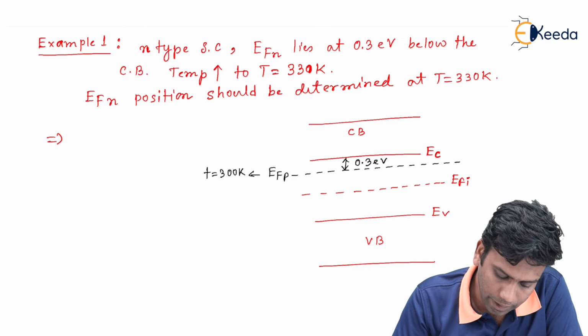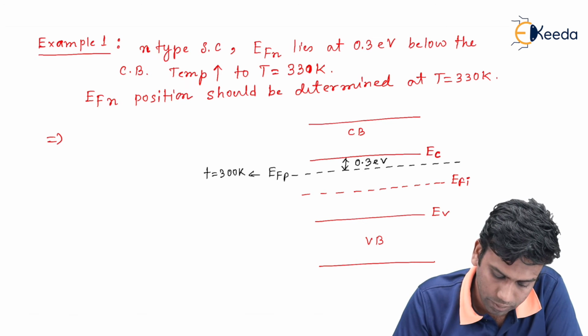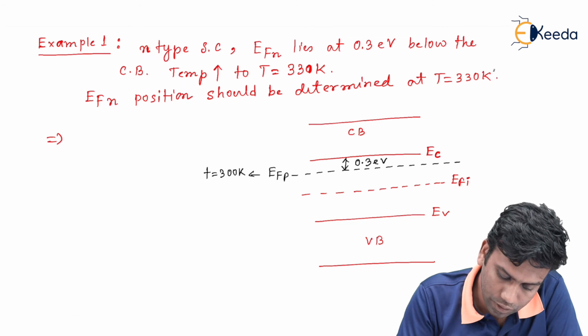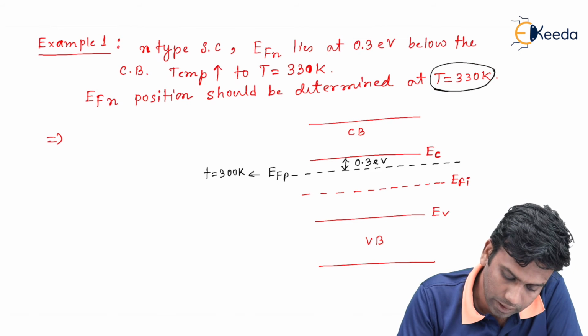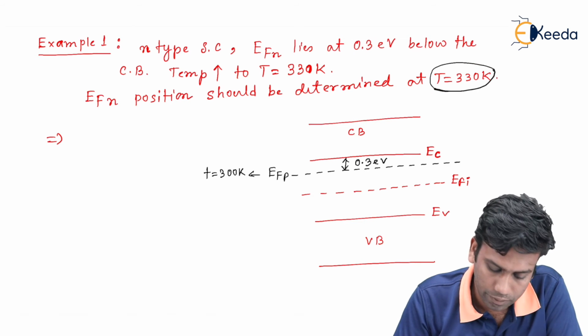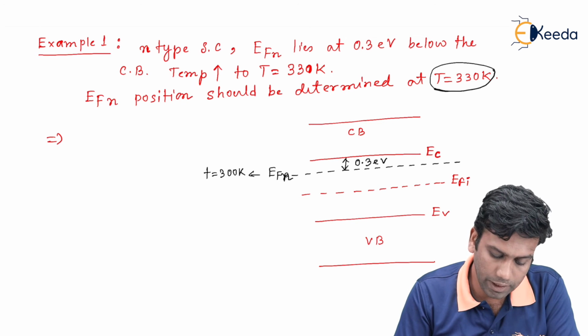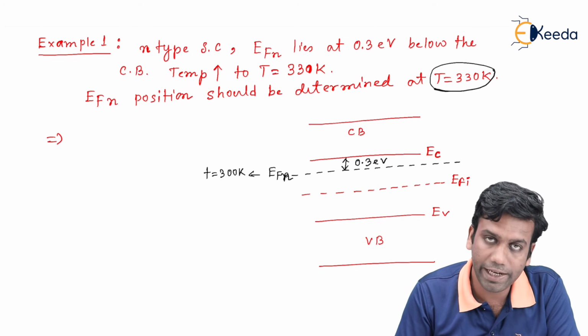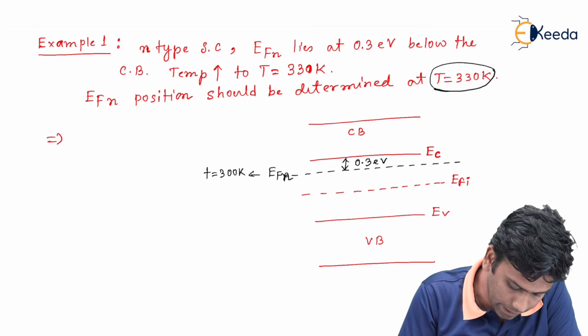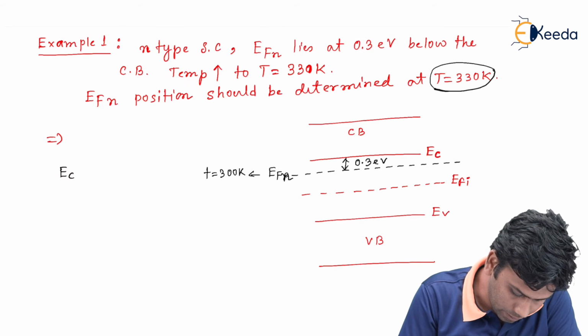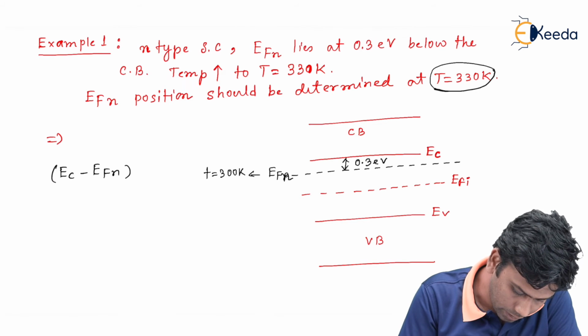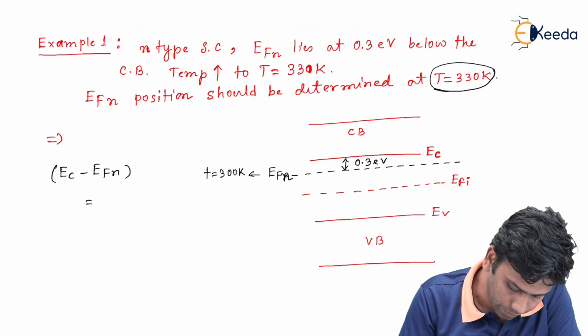Now we have raised the temperature to T equals 330 K. So the shift in the Fermi level of an n-type semiconductor can be written as EC minus EFN equals KT ln ND by Ni.